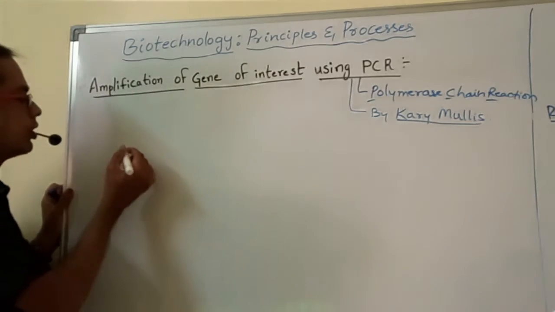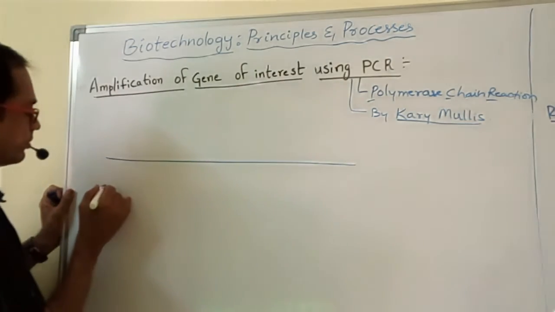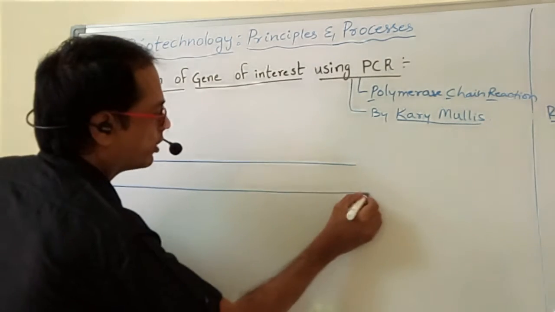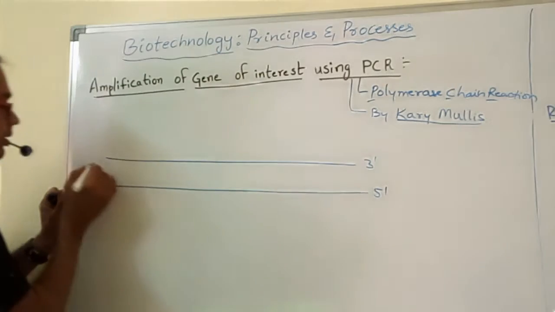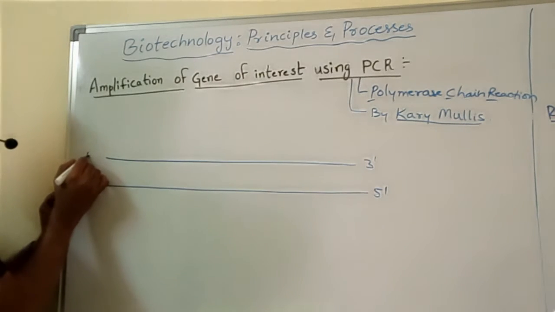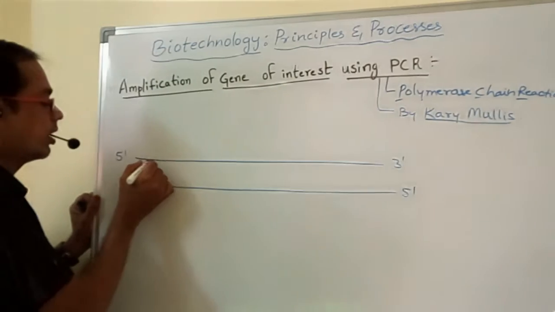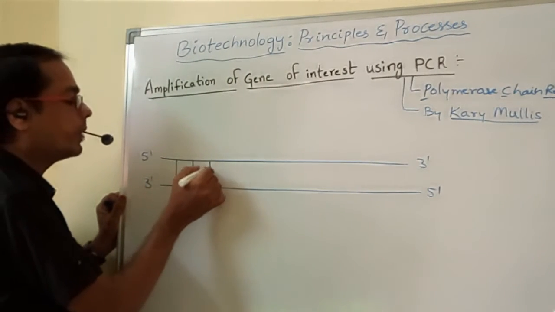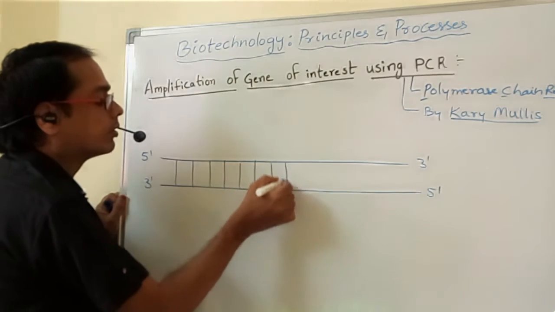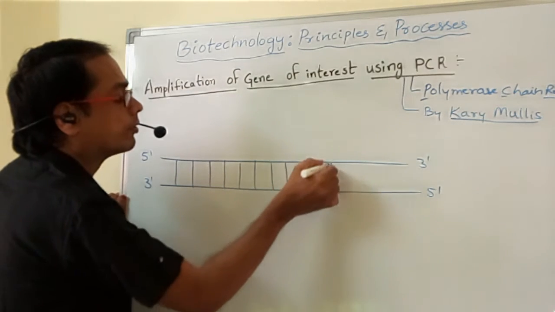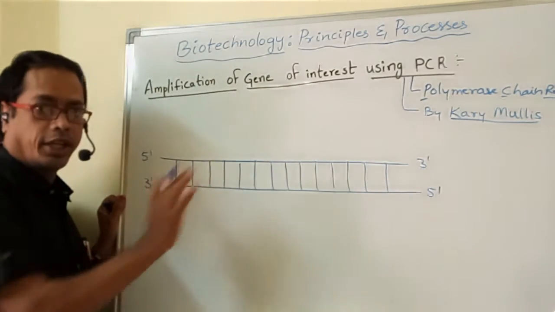So let us suppose this is the desired gene, with 3 and 5 ends. If this is the 3 end, this is the 5 end, and here are complementary strands of this DNA.